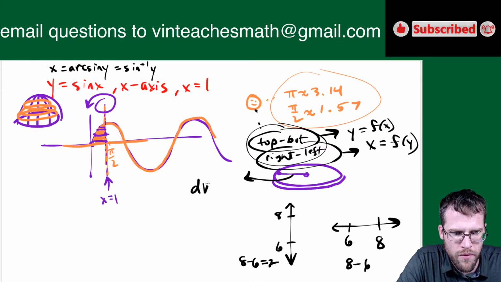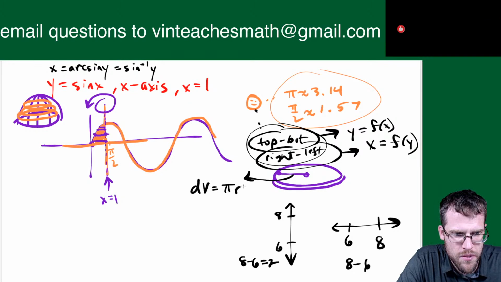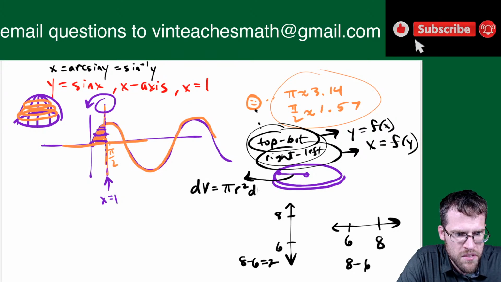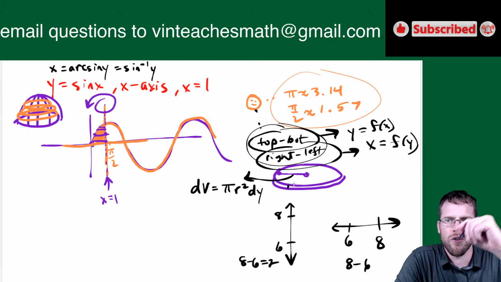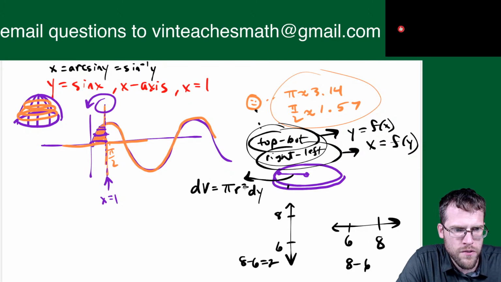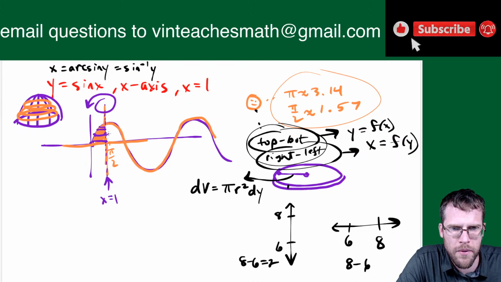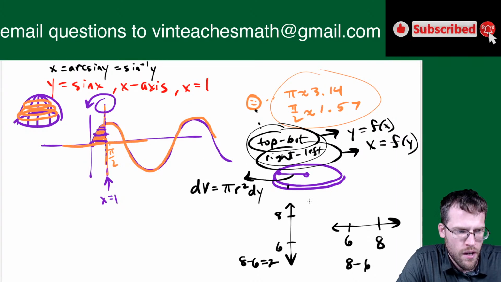So when we describe one of these cross sections here, the volume of one cross section is pi times the radius squared times dy, because now we have this slight vertical adjustment here. So now the task becomes describing the radius of one of these. And to describe the radius, we do right minus left.